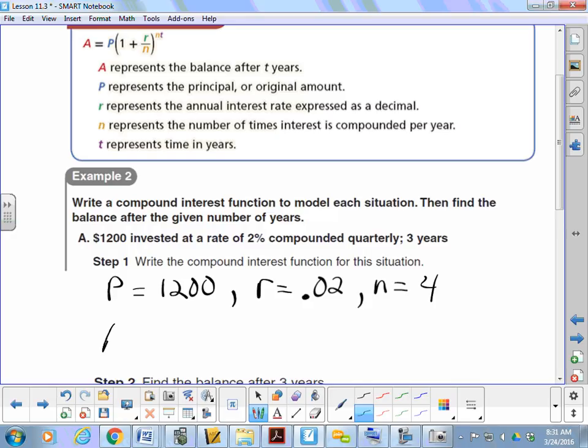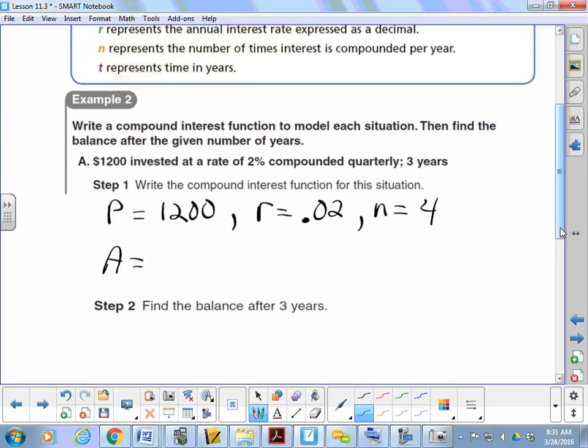So we say A equals 1200 times 1 plus 0.02 over 4, raised to the power of 4t. 1200 goes in for P, 0.02 for R, 4 for N in both spots.